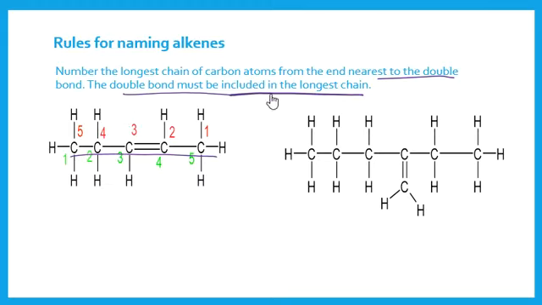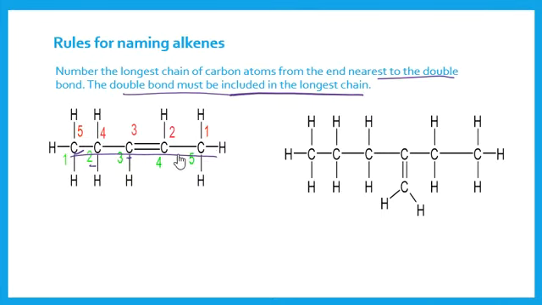According to the rule, we must number the chain of carbon atoms from the end nearest to the double bond. If we look at the green numbers, we can see that the double bond is going to be on carbon number 3. If we count, this is carbon number 1, number 2, and number 3.